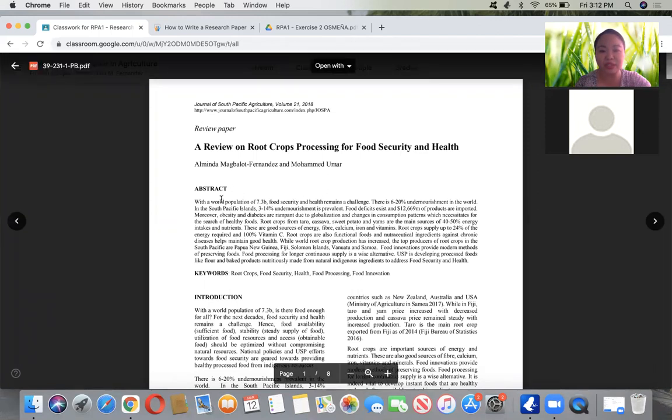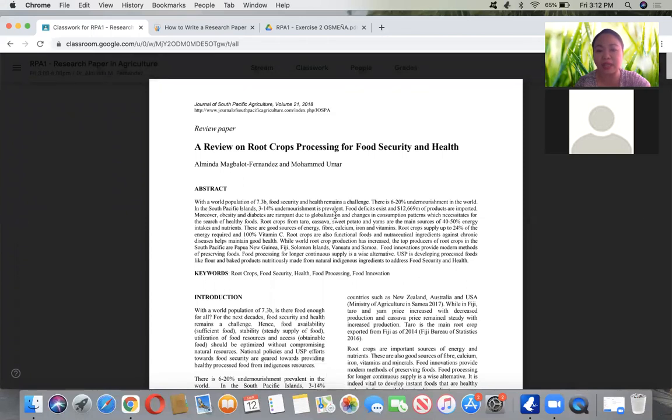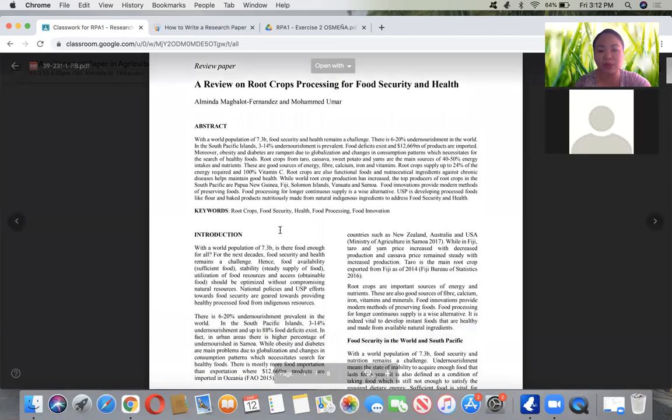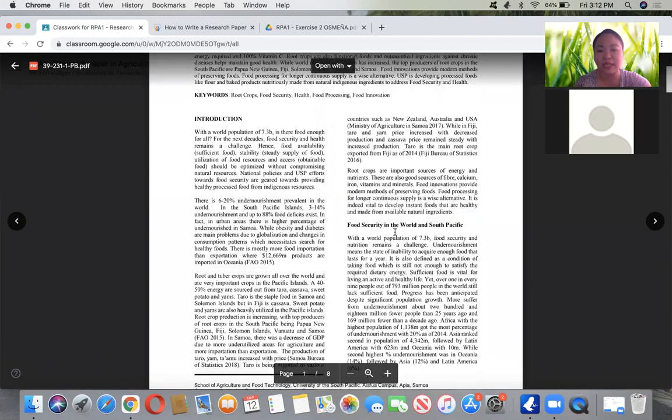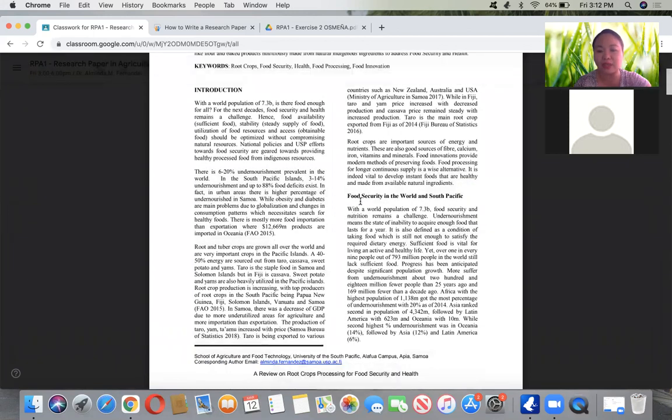It has a short abstract which discusses the world setting and the country setting, my keywords, and then the introduction and certain topics, like food security in the world and South Pacific.